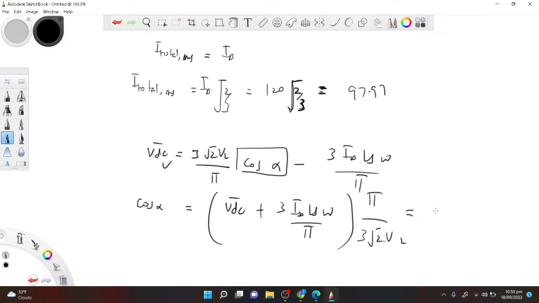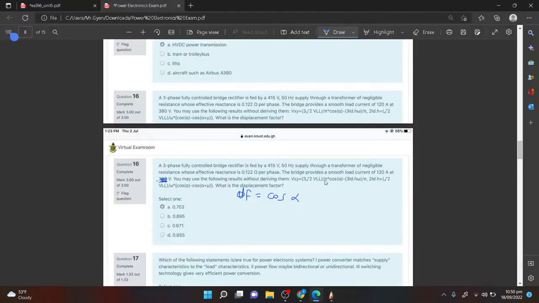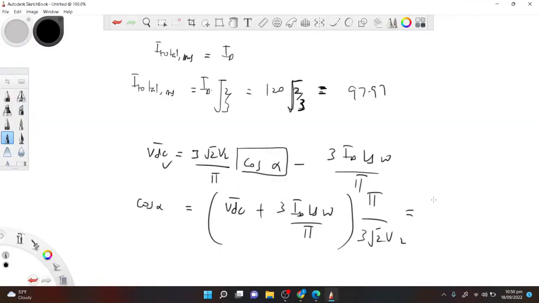The VDC output was 380. So 380 plus 3 ID, where ID was 120.